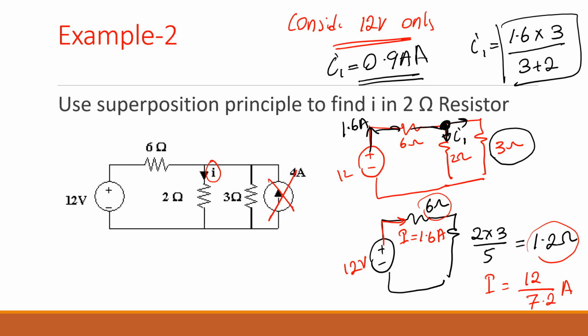And that times 3 divided by 5 is, yes, this is 1 amp. If you round off, it will be 1 amp. Agree?